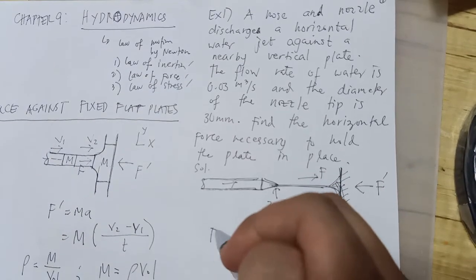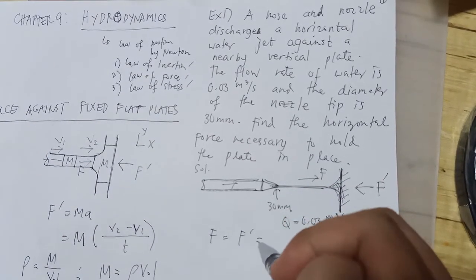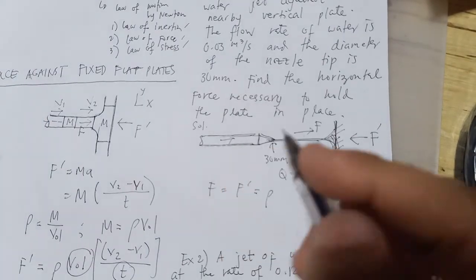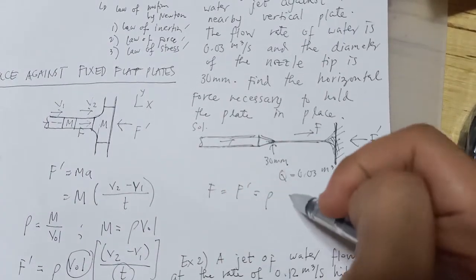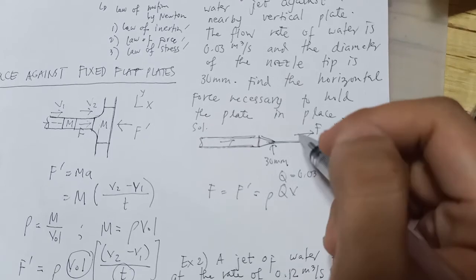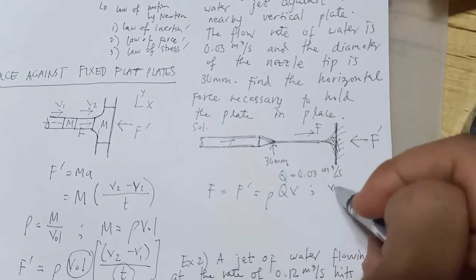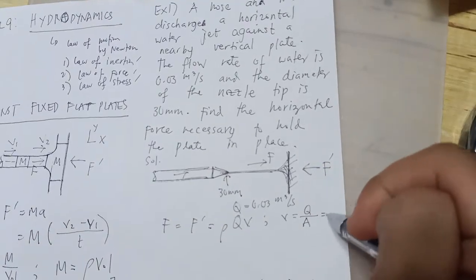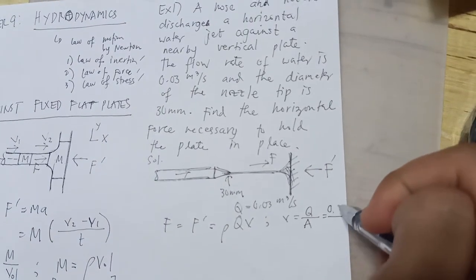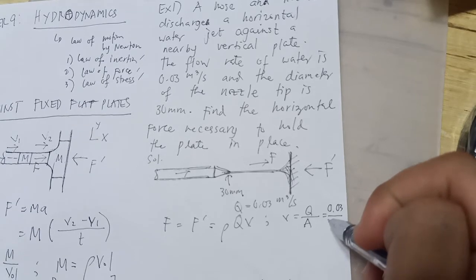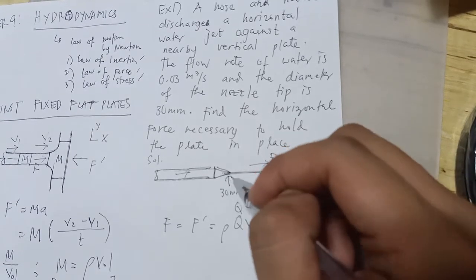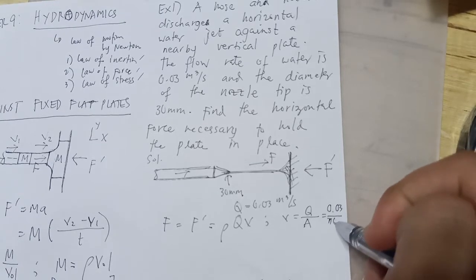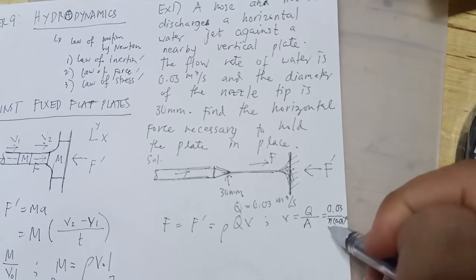So from the formula, F equals F prime equals mass density times the discharge times the velocity, and we get first the velocity, which is Q over A, wherein given naman ang discharge 0.03 over, using the orifice, no, this one is a jet, pi times 0.03 squared over 4.